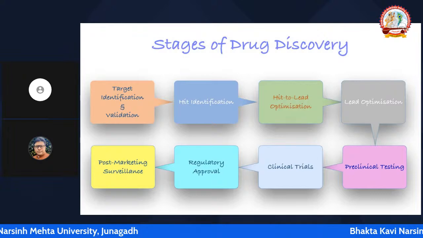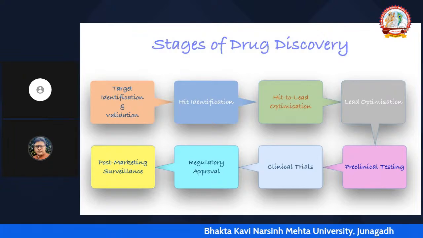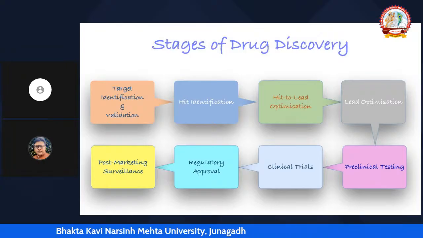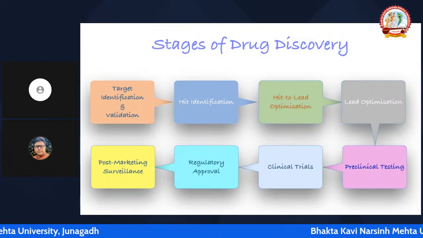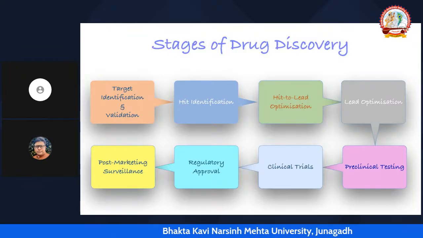When you search for the target, when you inhibit or activate that particular target, you get a desired therapeutic response. That means the biology that you desire is available.